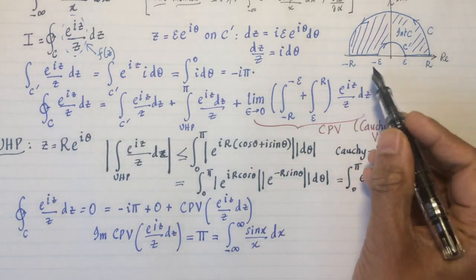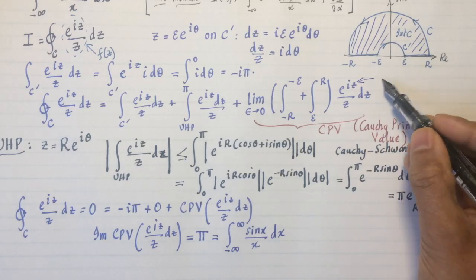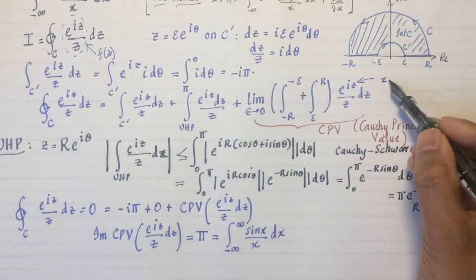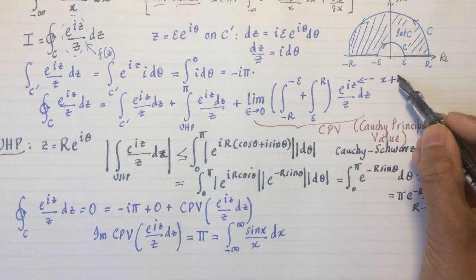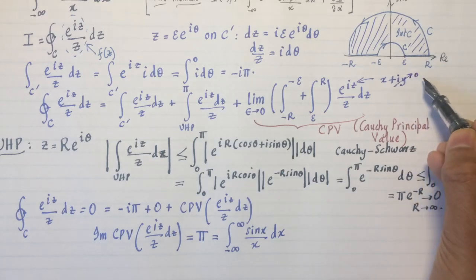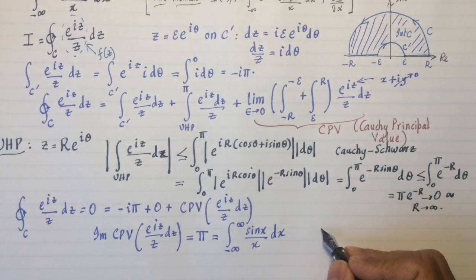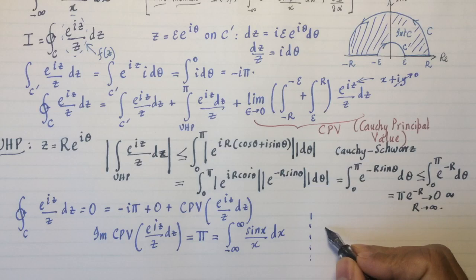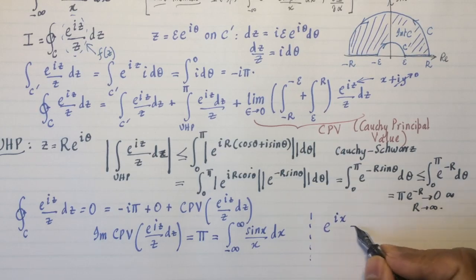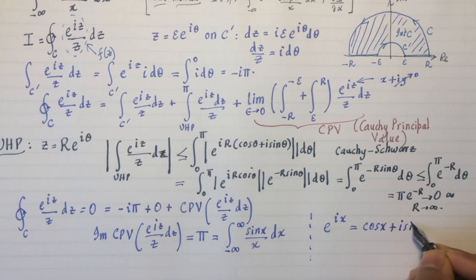Because along the real axis, z equals x plus iy with y equal to 0. So this is just going to give me, let me just show you why that is, e to the ix, and e to the ix is equal to cosine x plus i sine x. So the imaginary part is indeed sine x.